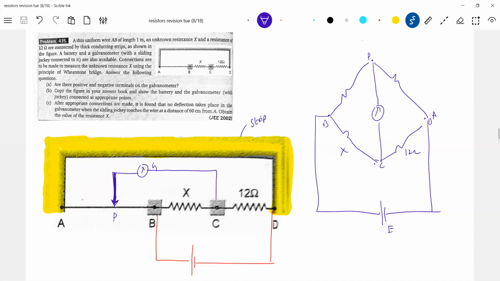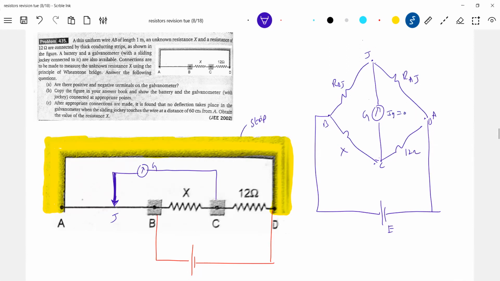found that no deflection takes place in the galvanometer when the sliding jockey touches the wire at a distance 60 centimeter from A. Sliding jockey, this is J. Okay, this AJ should be 60 centimeter. I think from this will become RAJ, and this will be RBJ. And it will not show any deflection.